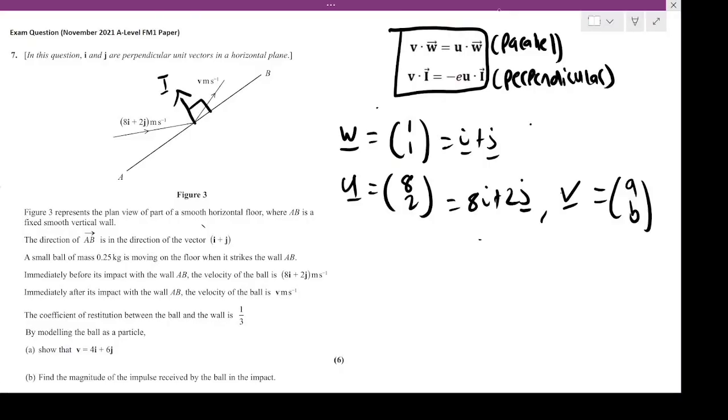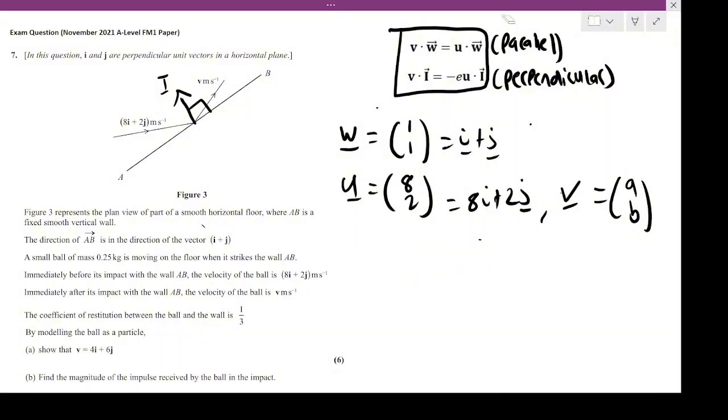So you might be thinking we can find the impulse by doing I dot w equals 0. Remember from Year 1, if two vectors are perpendicular, their dot product is 0. So you might say let's take the impulse as some vector (c, d) and solve equations systematically. I do not need to do that here.